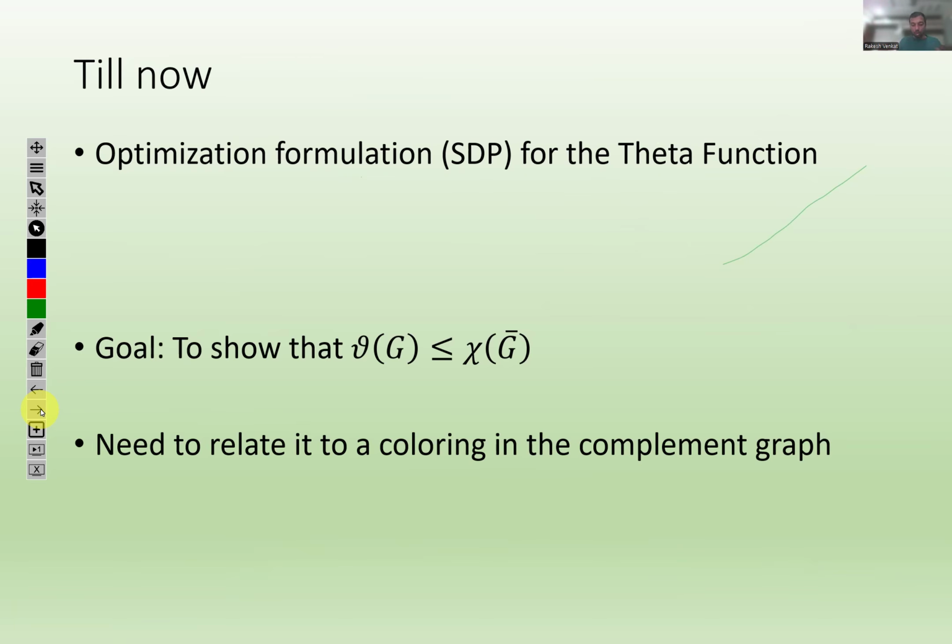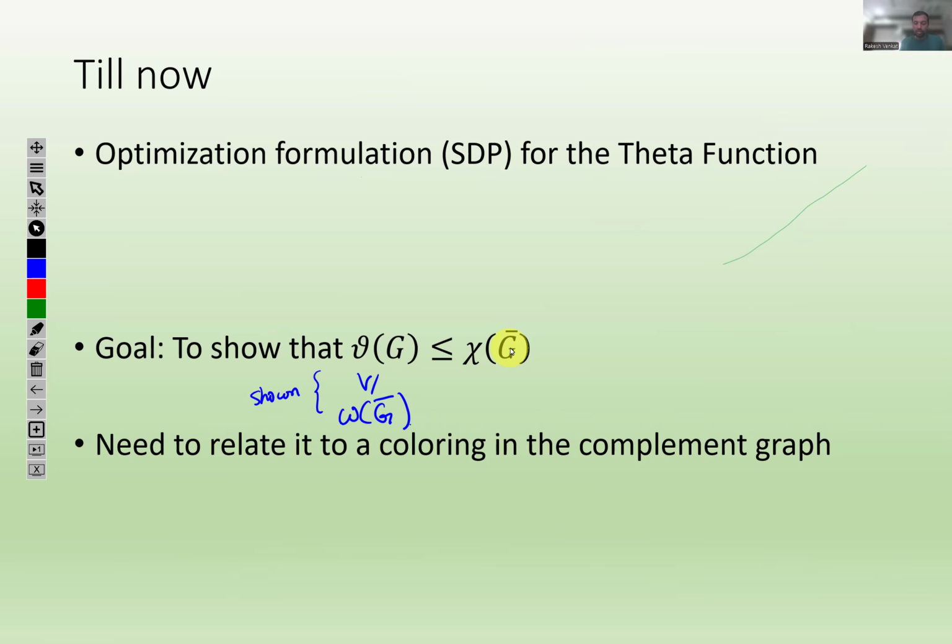Our goal was to show, if you remember, the sandwich theorem, a structural result that said the theta function is sandwiched between the clique number of the complement graph, omega of G bar, and the chromatic number of the complement graph. The lower bound we had shown already yesterday, because omega of G bar is alpha of G. So what we did is find the optimization formulation, and now we're going to relate that optimization formulation to a coloring in the complement graph.